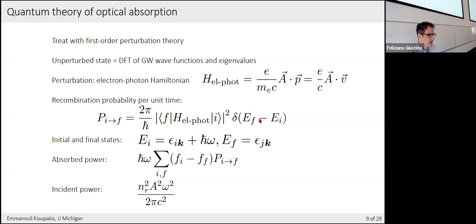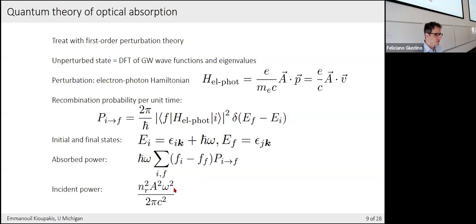So density of states factor here. What are the initial states? You have an electron in state i with momentum k, it absorbs the photon and goes to some other band j and k, right? So from the valence to the conduction band. We can quantify the power being absorbed by summing up all the photons that get absorbed from every initial to every final state times the photon energy.